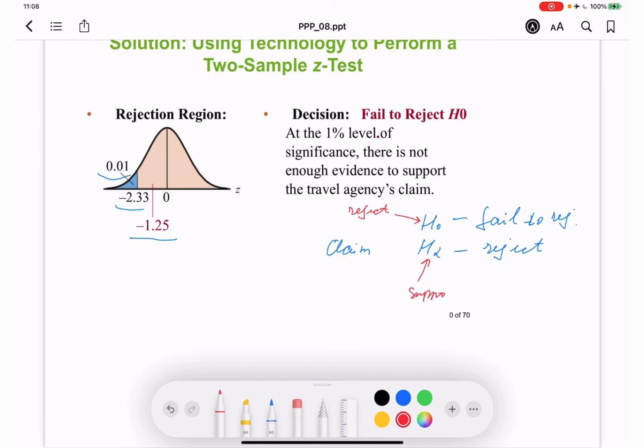We're going to say not enough or not sufficient evidence to support. So practically we are implying that we are rejecting. And we are doing this at the 1% significance level. We reject, there is not enough evidence to support the travel agency's claim, which means that Texas has greater or at least equal expenses compared to Virginia.